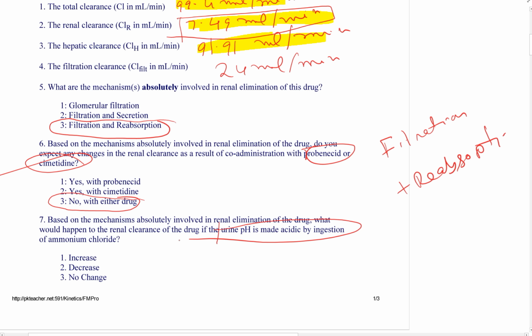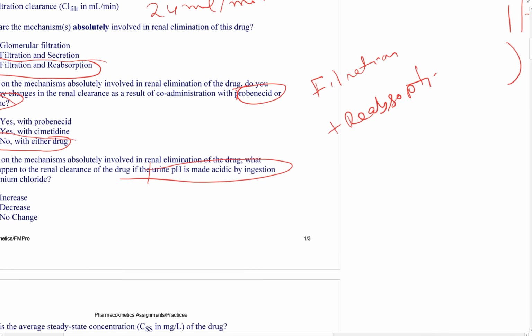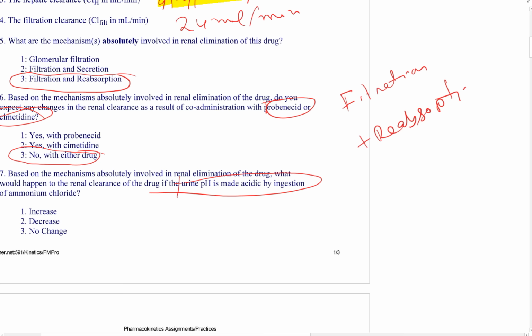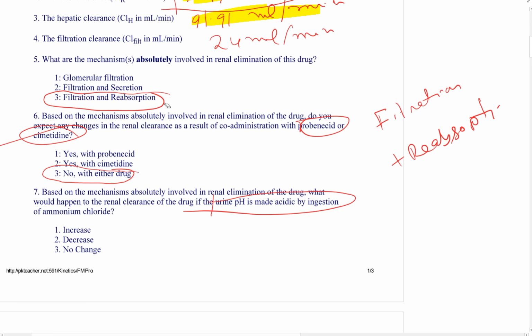With ingestion of ammonium chloride, we know that we have reabsorption for this drug. Reabsorption is involved; we know that from this answer. When reabsorption is involved, acidification, changing the pH, will influence reabsorption.